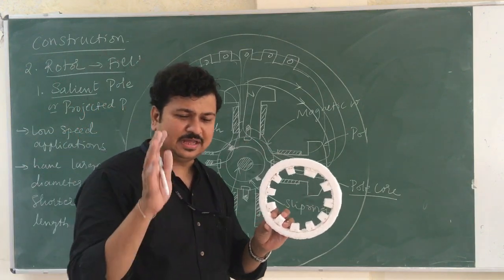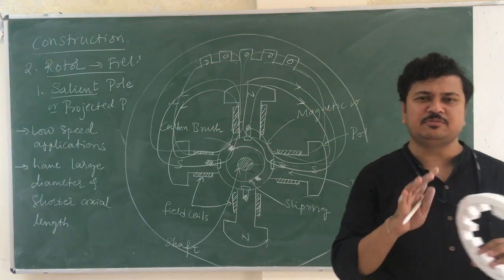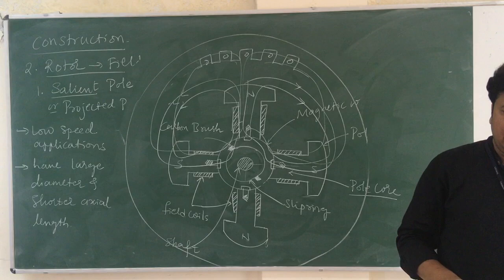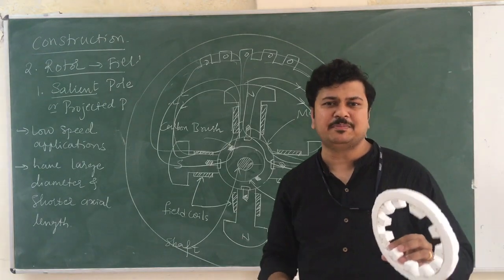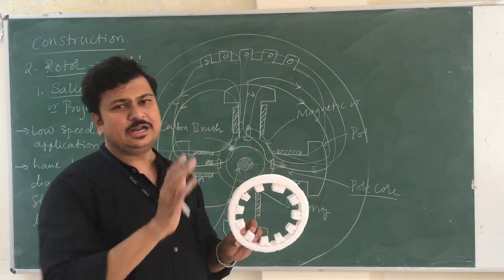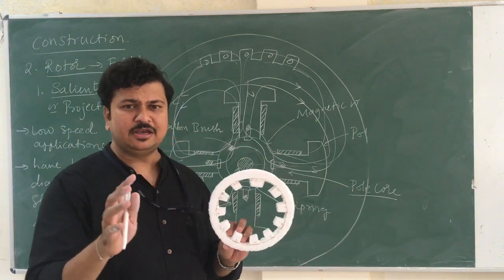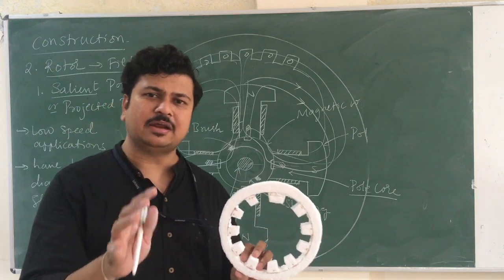Armature means what? It is that part of the machine which gives us the output. The armature concept we will get in DC machines also. Armature of any rotating machine is that part of the machine which gives us the desired output. The desired output of an alternator or the generator is electrical energy. So the part that gives us electrical energy is the armature.